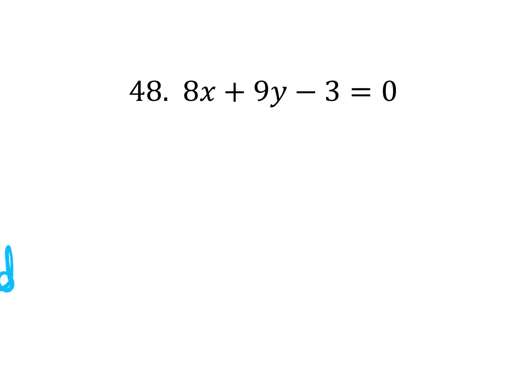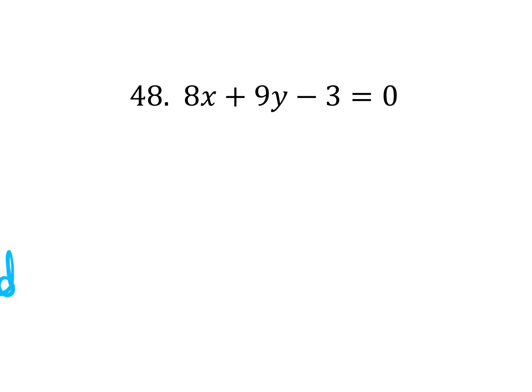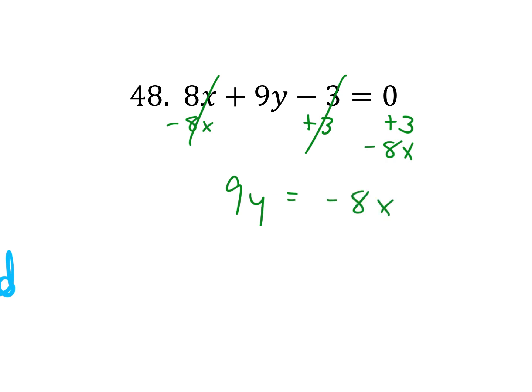48. 48, we want it to be y equals, because we need it to be y equals mx plus b. So let's move everything else except the y to the other side. So 9y is equal to negative 8x plus 3. We're going to divide by 9.